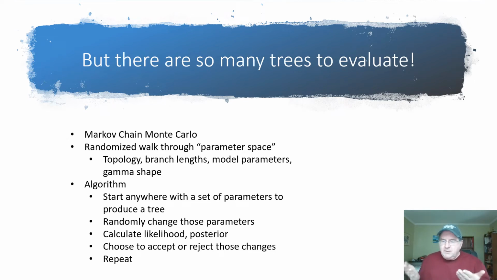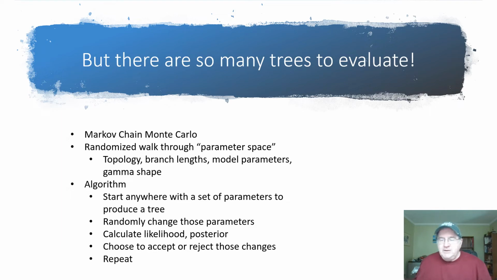Compare the new likelihood that I've come up with to the likelihood I had in the position I started at. If the likelihood of my new tree is higher, that's my new tree. If the old tree was higher, then I stay where I am.